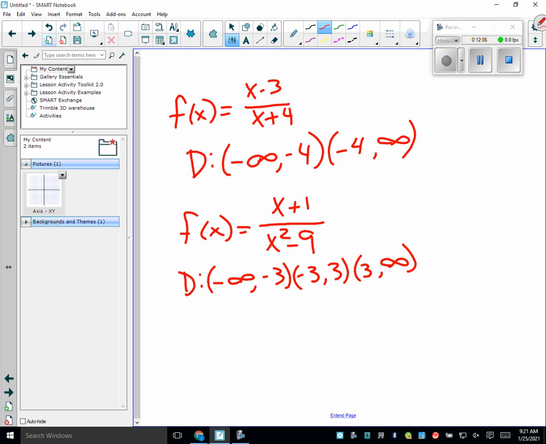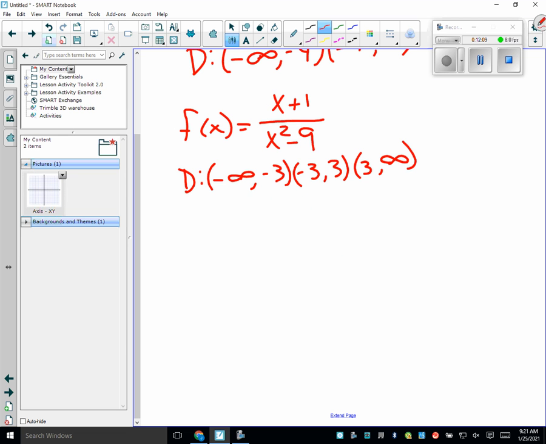What if it's under a radical? Well, what's under the radical has to be what? Positive.